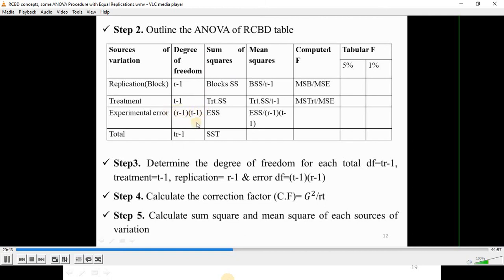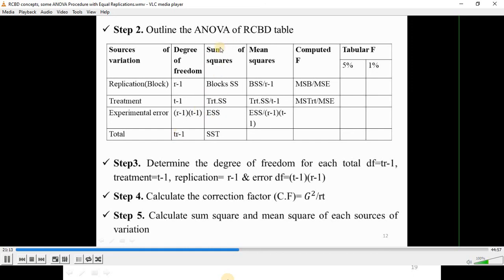Here is the error degree of freedom in case of RCBD, whereas in case of CRD it was T times (R minus 1), but in case of RCBD the error degree of freedom is calculated as this one. When it comes to the total, it is calculated as N minus 1, N meaning the product of treatments multiplied by the number of replications, minus 1.